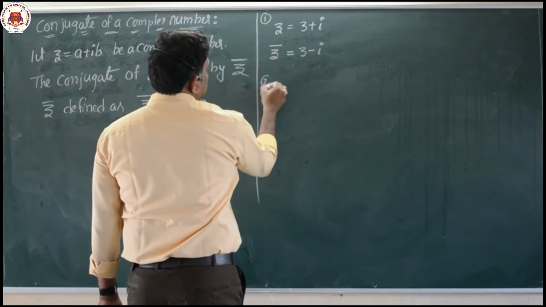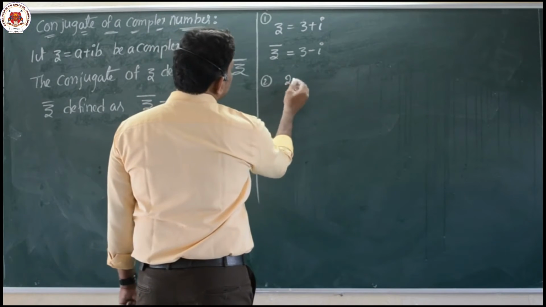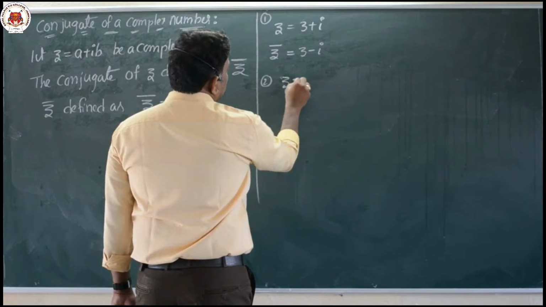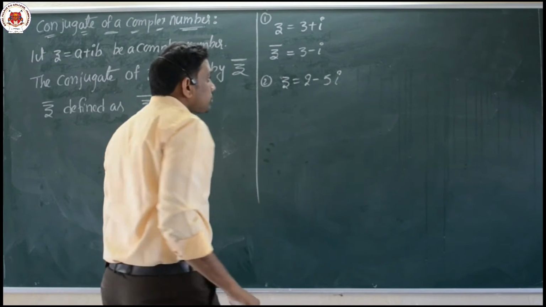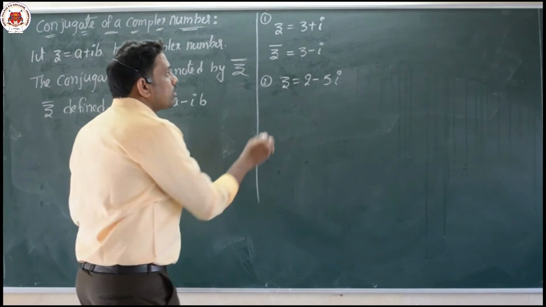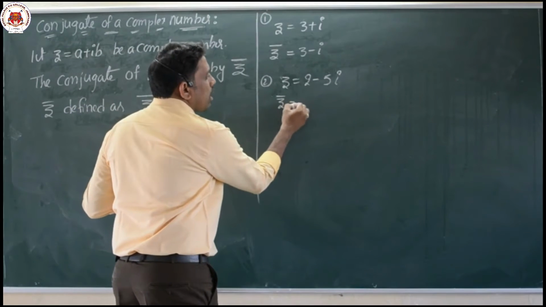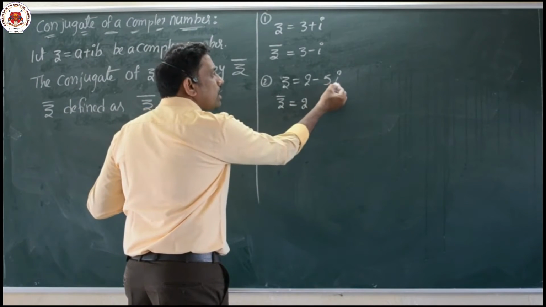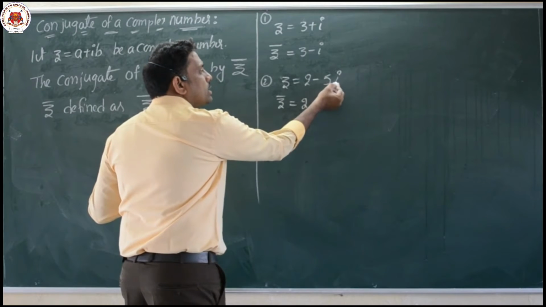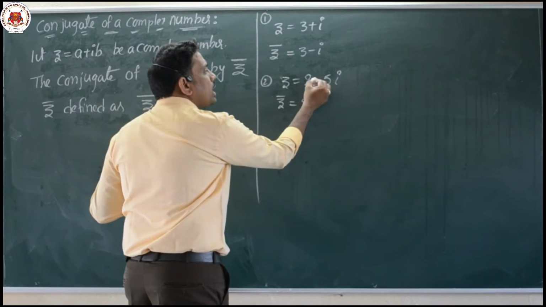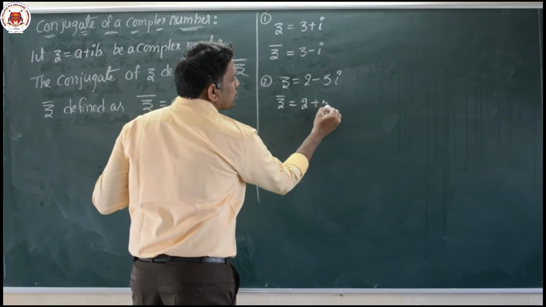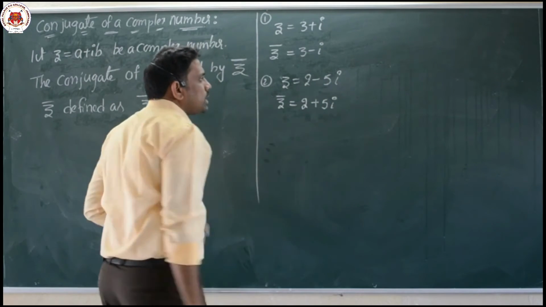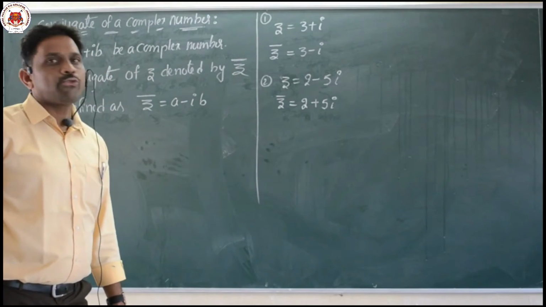The second example is z equal to 2 minus 5i. Here sign of i is negative, so I change that sign, negative is converted to positive. So the conjugate of z is 2 plus 5i.